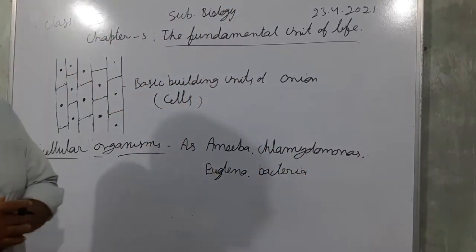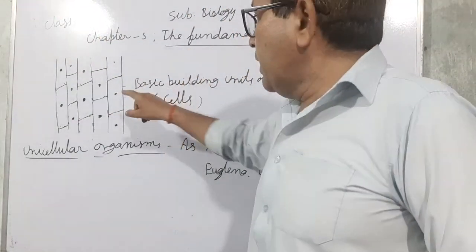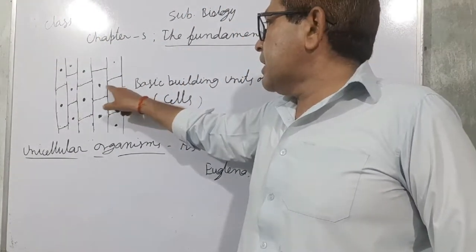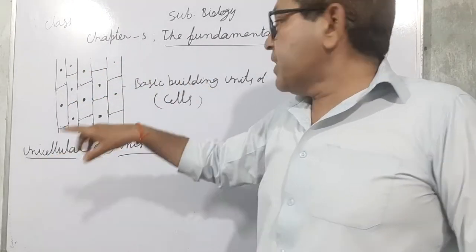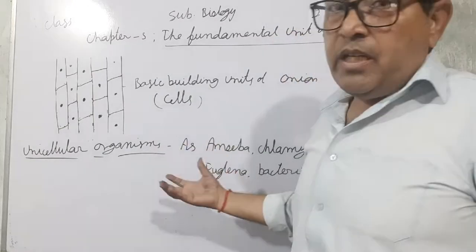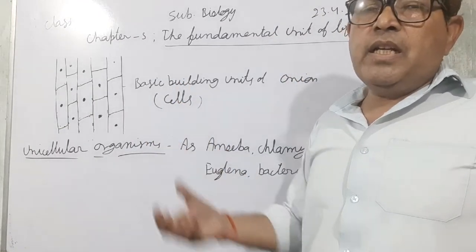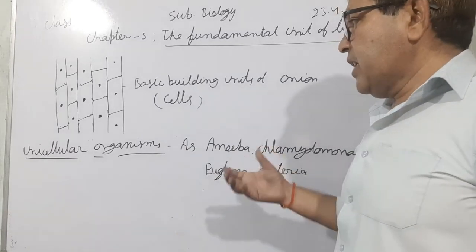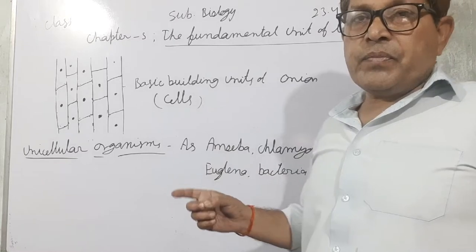As we have seen in the onion peel, there are so many cells. But in a unicellular organism, the individual cell lives alone. A cell lives alone by itself. So such organisms are called unicellular organisms.